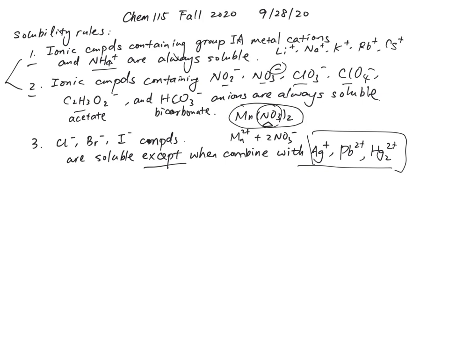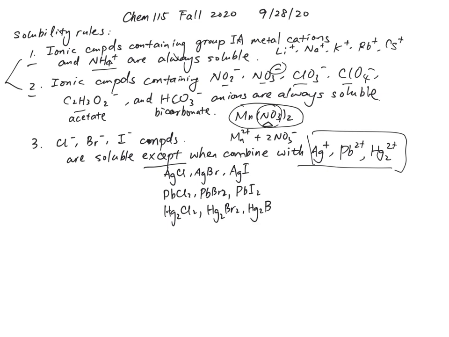Okay, so what do I mean here? I'm telling you that silver chloride, silver bromide, silver iodide, lead chloride, lead bromide, lead iodide, mercury 1 chloride, mercury 1 bromide, and mercury 1 iodide are insoluble.